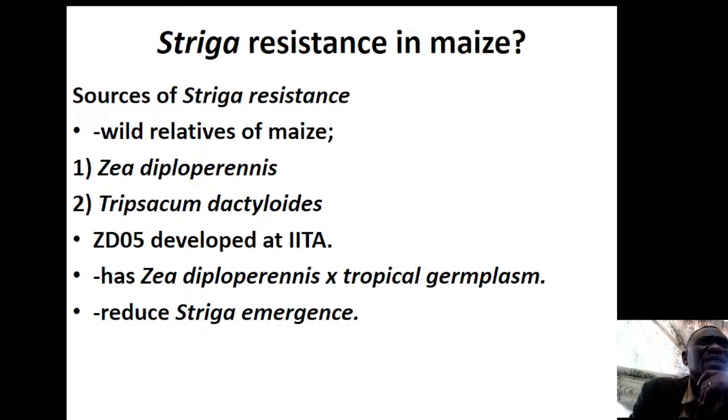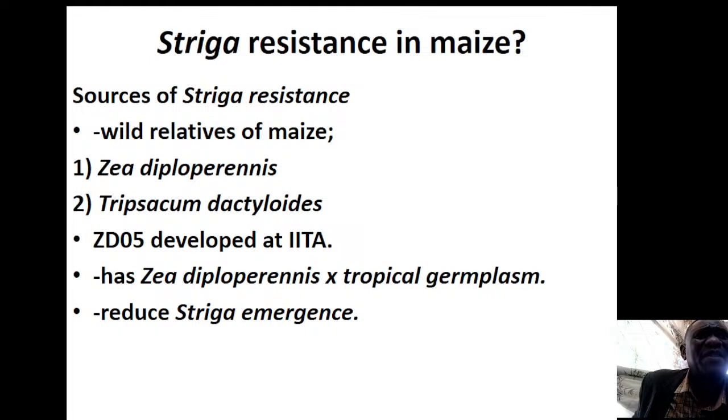However, it was noted that Striga resistance actually occurred in wild relatives of maize. For example, in a grass known as Zea diploperennis, it's a wild relative of maize. Then there is also Tripsacum dactyloides.